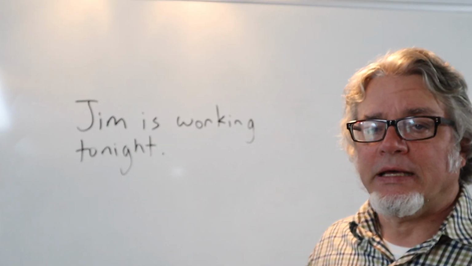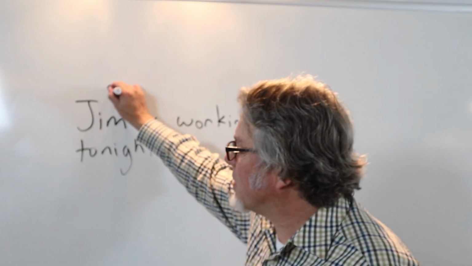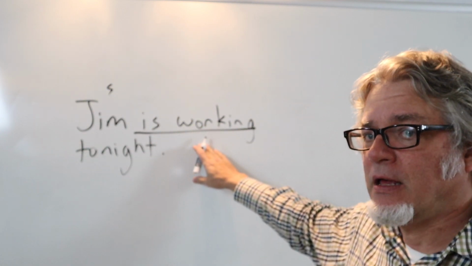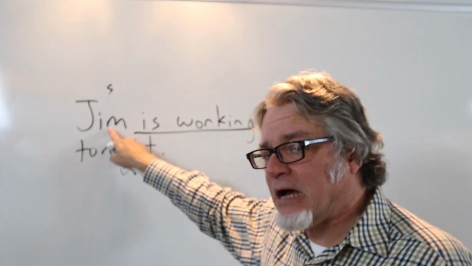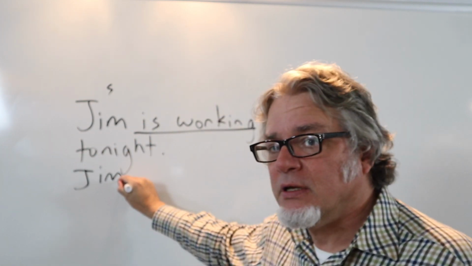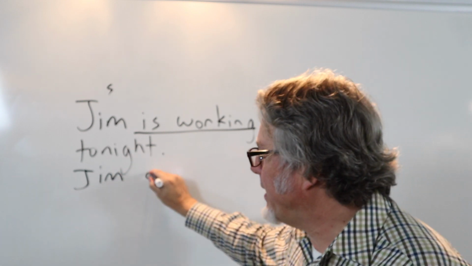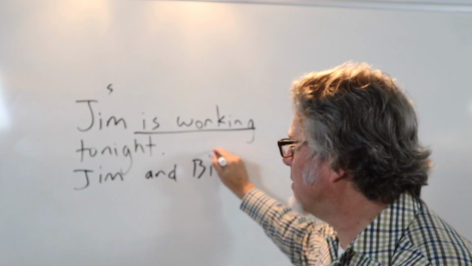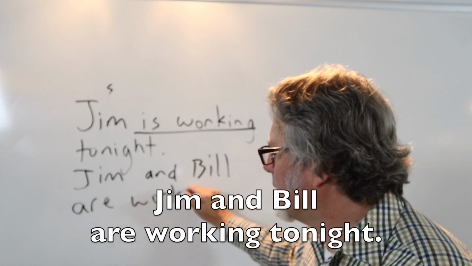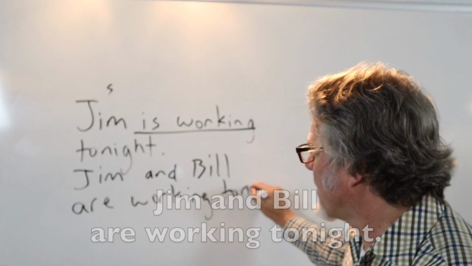Jim is working tonight. Here's the subject, and then here's the verb in the present continuous tense. We can use a compound subject and add another person. Jim and Bill are working tonight.